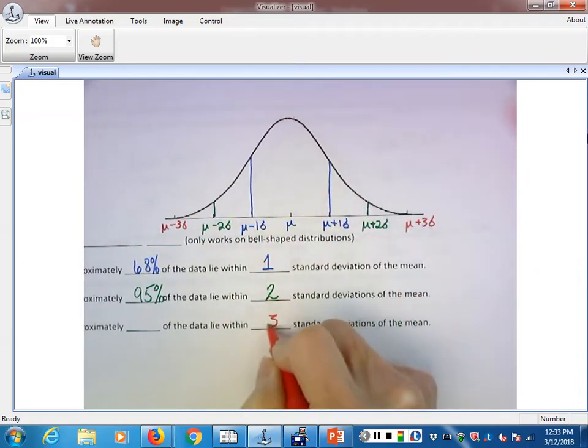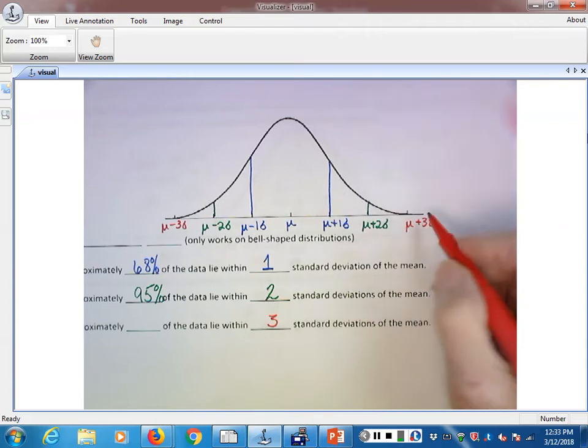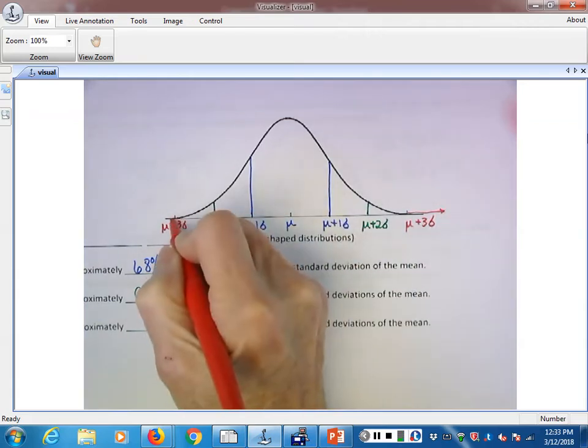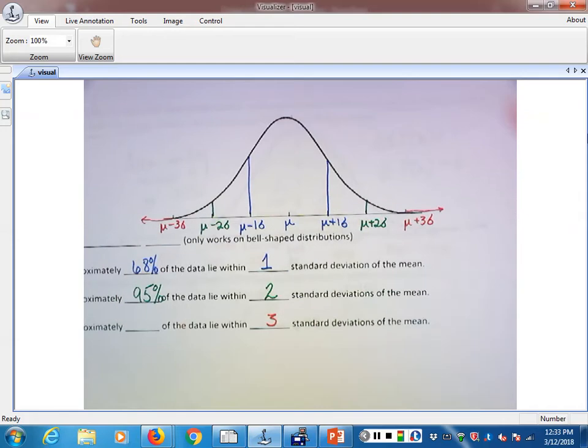which is within 3 standard deviations, notice that the curve kept going after that. But it was really down very, very close to the x-axis. So there's not much area left between the curve and the x-axis.